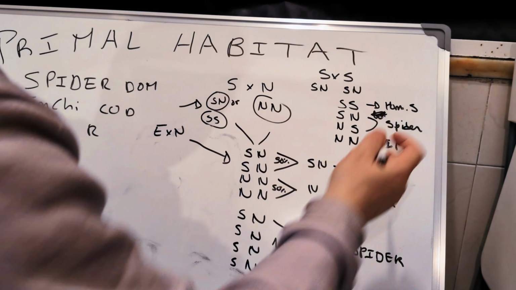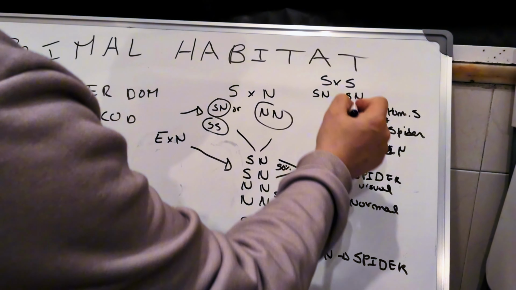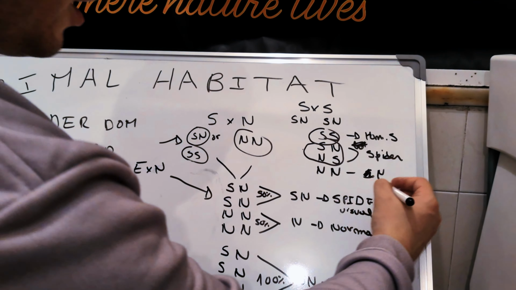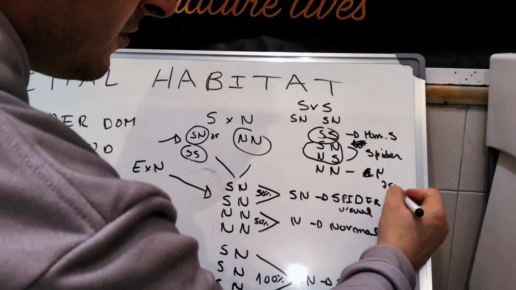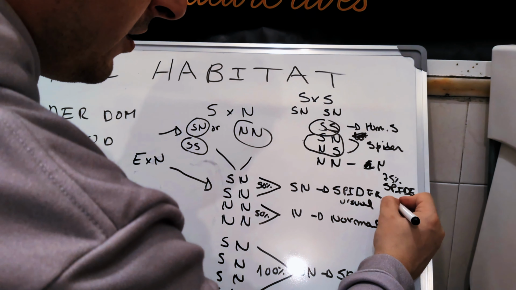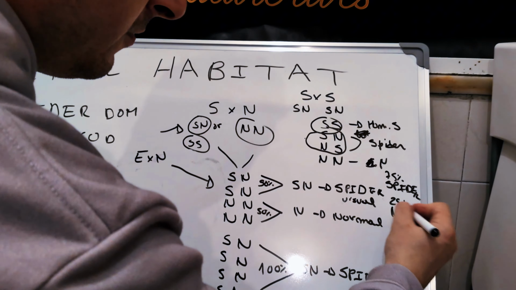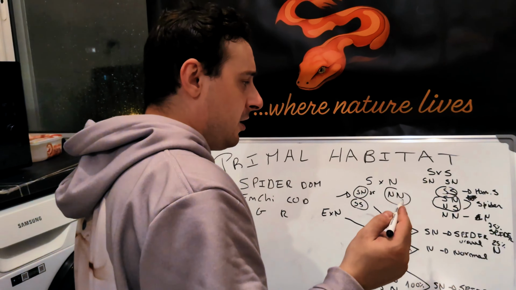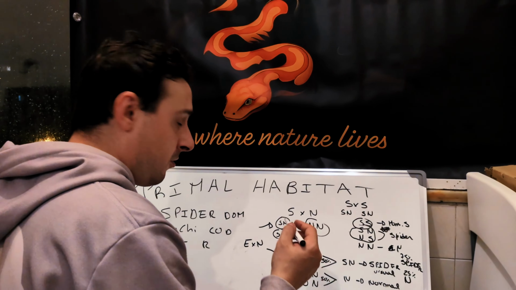But here, this snake would be equal to these two snakes. So you would get 75% spider and 25% normal. And there is a difference between bringing together dominance or codominance.